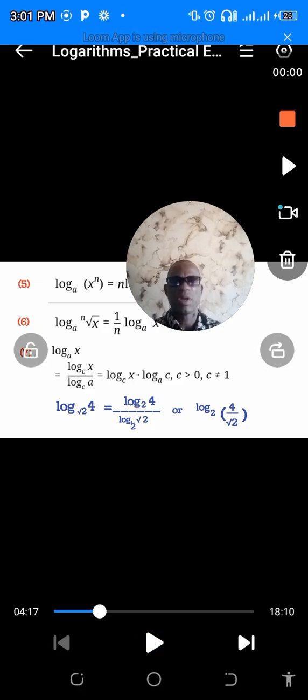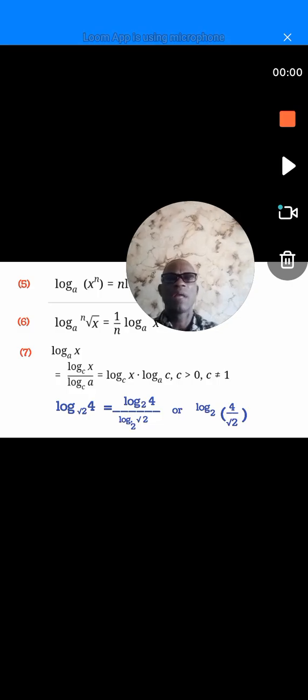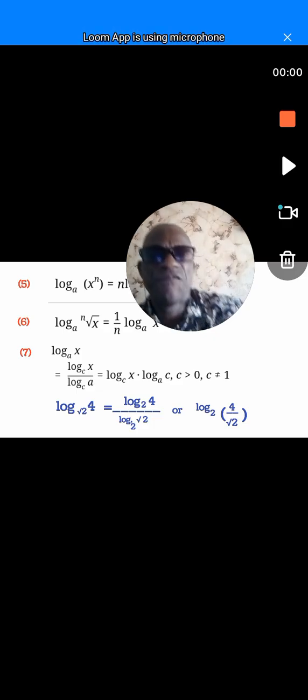We are going to exploit this law in this question. So on this note, we are going to bring back that question and attempt to solve it.